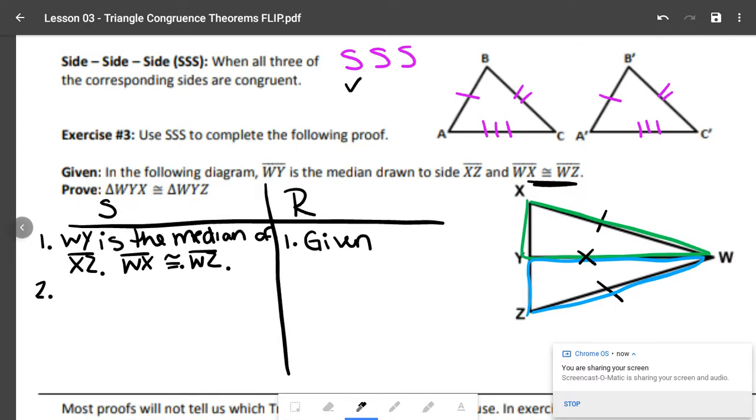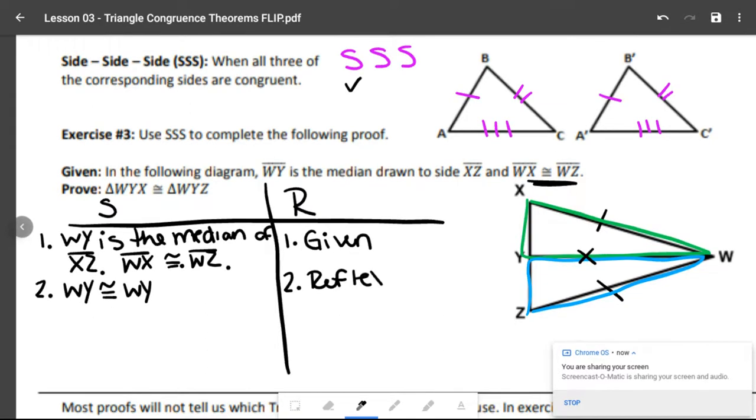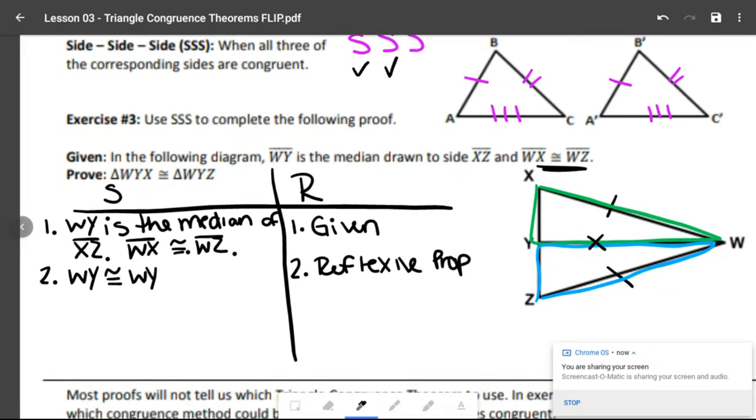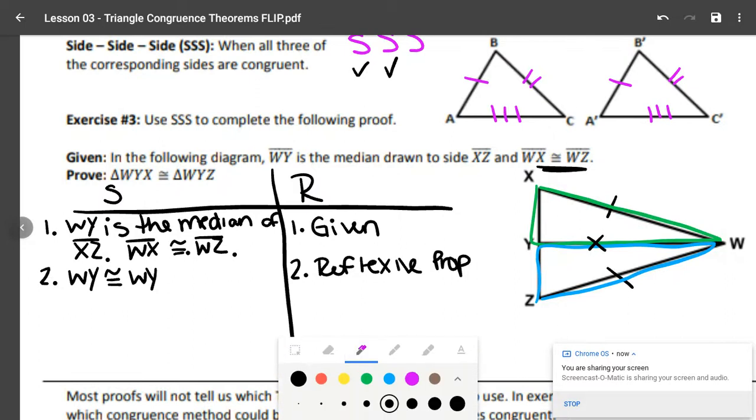So I have YW or WY, either order, is congruent to itself. And anytime we use something that's congruent to itself without changing its location, it's the reflexive property. So it counts for both triangles because it's a part of both. So we have 2 checks already. We need one more. That's when we go to try to figure out if we have a definition nearby. And we do.